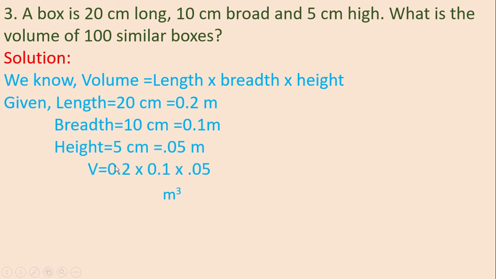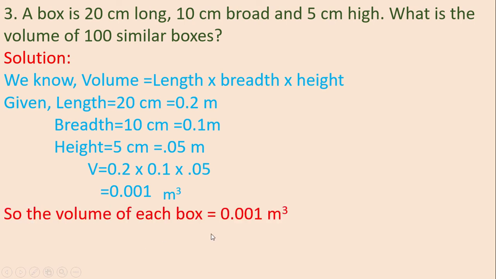So volume equals length into breadth into height. All will be multiplied, and that will be 0.001 cubic meter or meter cube. Meter into meter into meter equals cubic meter. So this is the volume of each box.